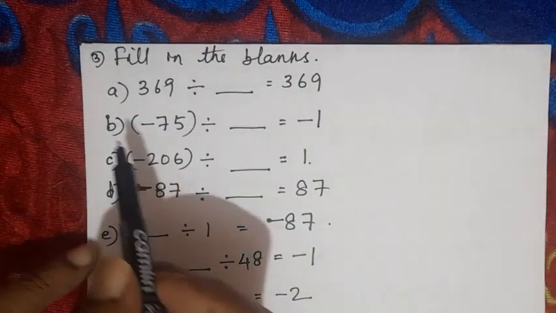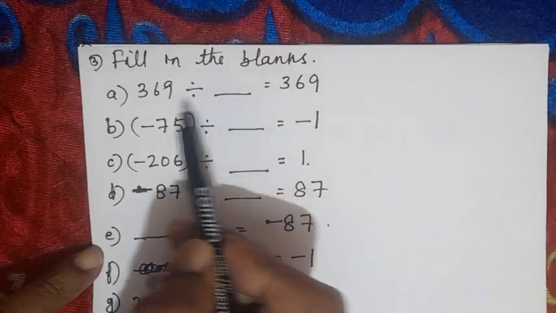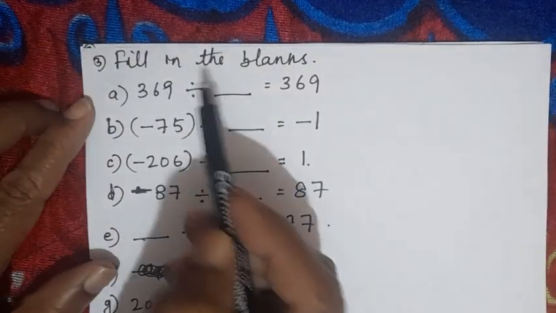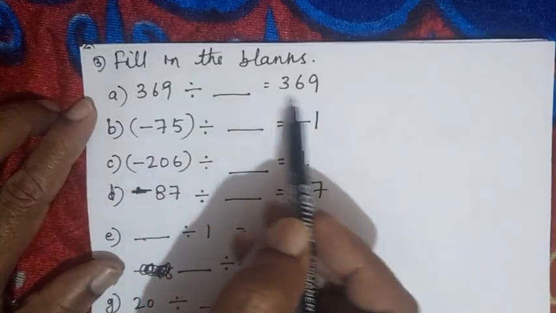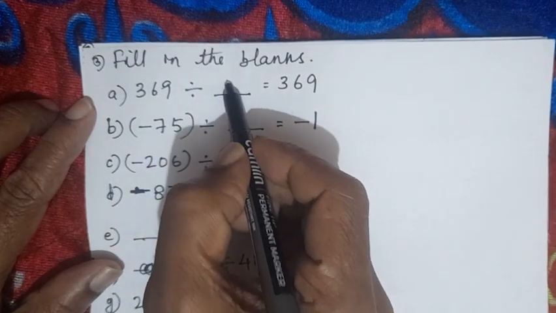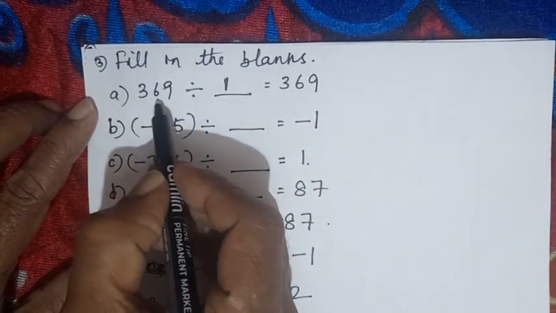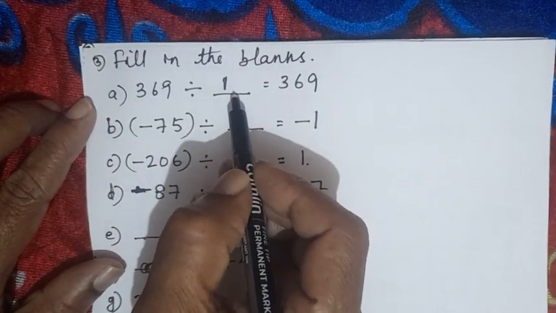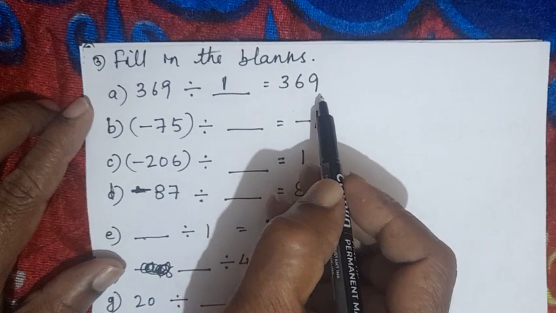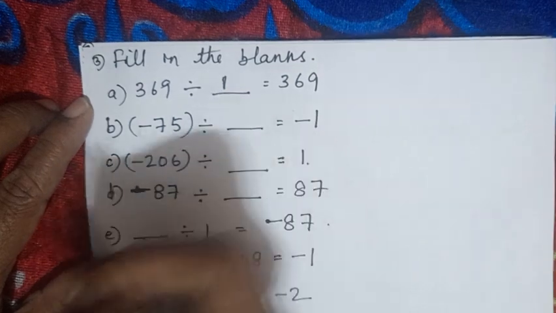Here there is no negative sign, all are positive integers. So you have to divide this number by a positive integer. So the answer is 1. When 369 is divided by plus 1, then the answer is 369. So this is the answer, 1.